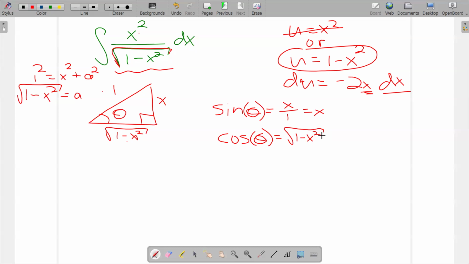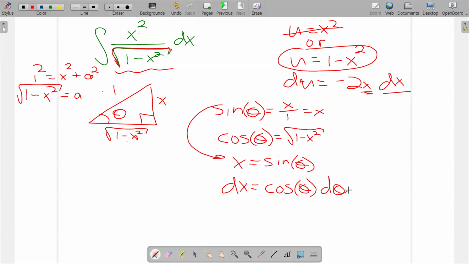And I can even pull a dx out of this, because x is equal to the sine of theta. If I implicitly differentiate that, I get dx equal to the cosine of theta d theta.